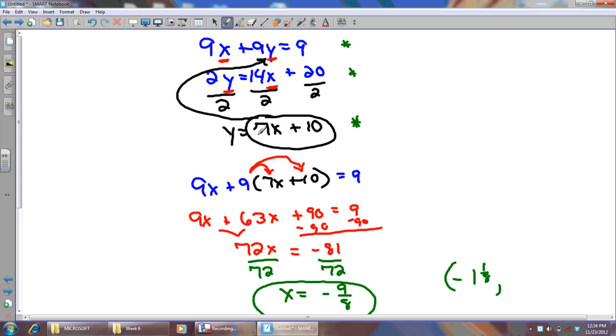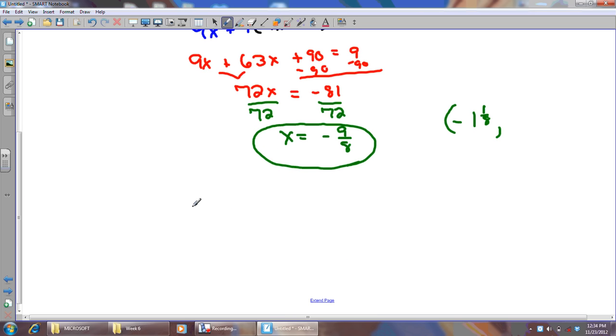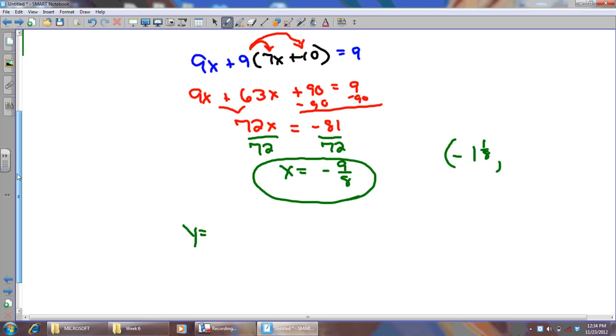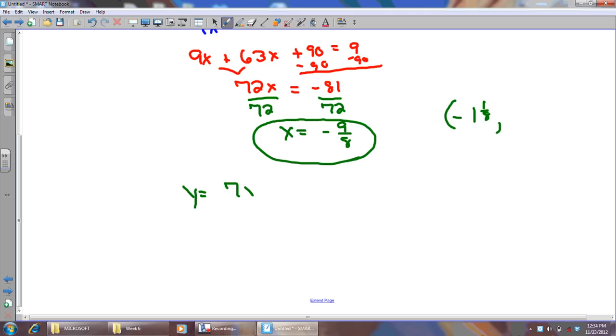I think the easiest one would be the altered form of number 2, so I'm going to use that. So I'm going to have y equals, what was it, 7x plus 10? 7x plus 10, but in x's place, I'm going to put this improper fraction here.